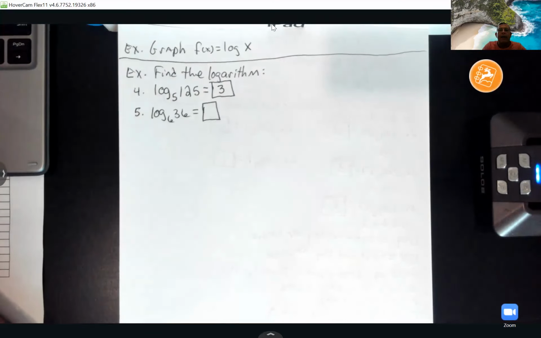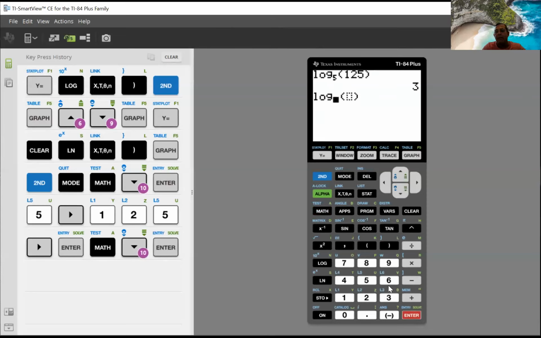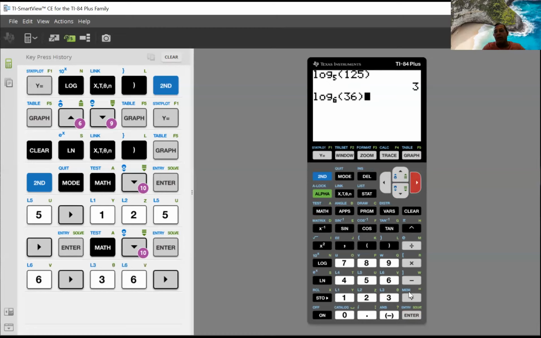Well, we got a calculator. Hit math. Arrow down to log base. Hit enter. So my base was a 6. My result was a 36. And y'all, when I hit enter, I get a 2. So that basically means 6 times 6 is 36.